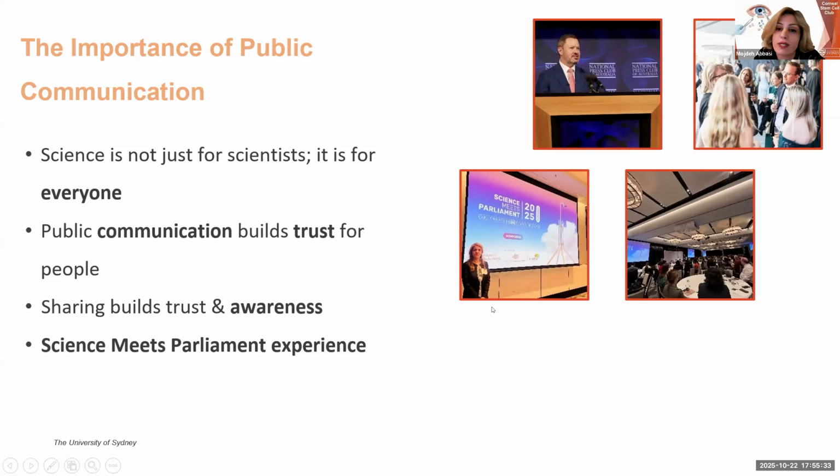For example, a few months ago, I had the chance of attending an event called Science Meets Parliament. This is an event that happens once a year, where researchers and scientists have the chance to meet policymakers in person and talk about their research and the challenges they meet while doing their work.